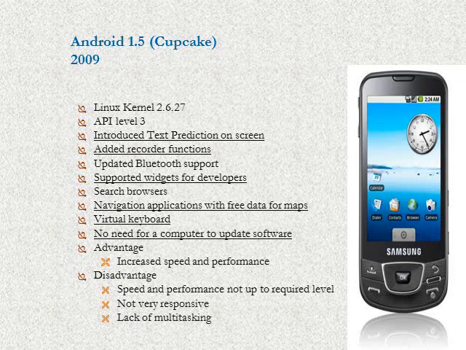It also provided a virtual keyboard that was there in some other operating systems as well. However, an interesting feature of Cupcake was that it was not needed to connect it to a computer to download or update the software. A disadvantage was the lack of multitasking, so you could not run multiple applications simultaneously.